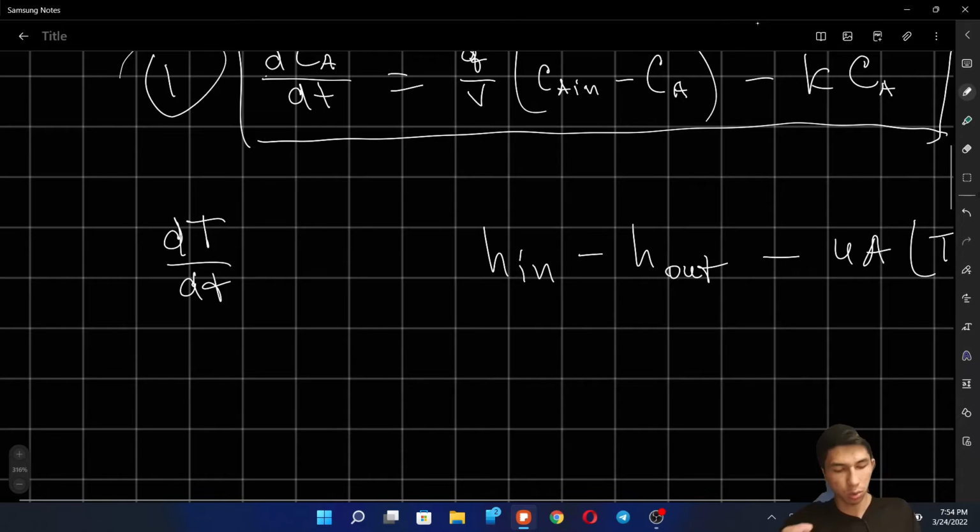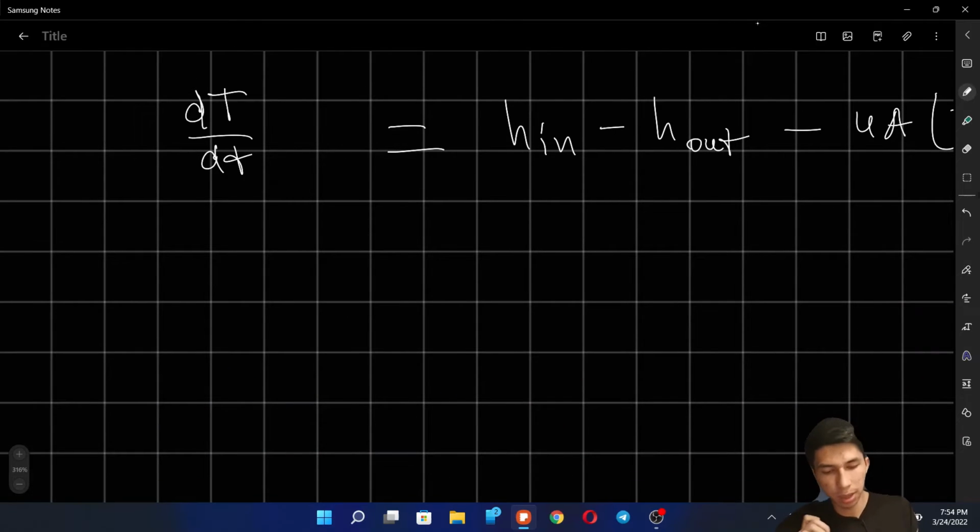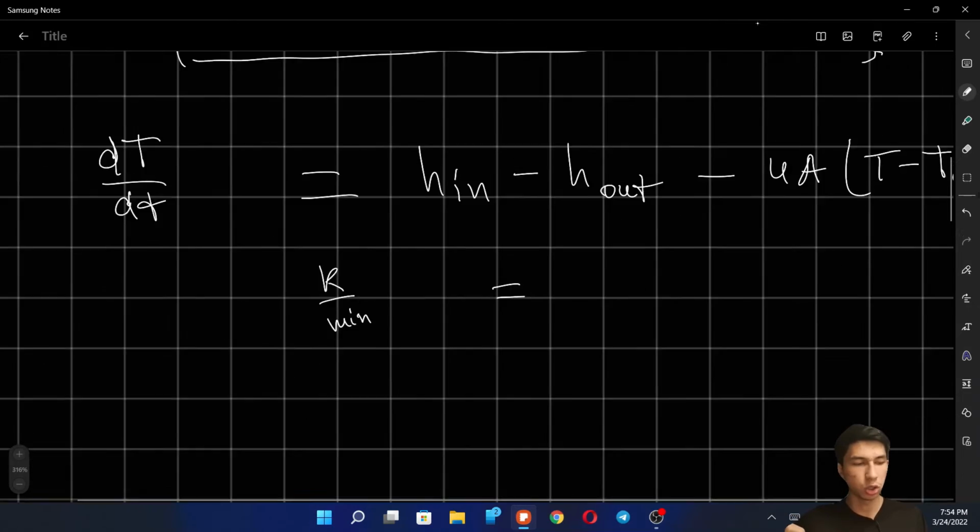And so we're done with this side now, but let's try to work with this side for a bit. Okay, we know that our dT over dt, the unit is going to be kelvins over minutes, right? But for this side, we have our UA.